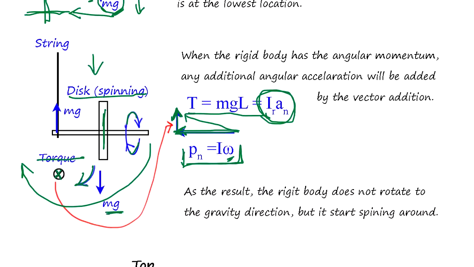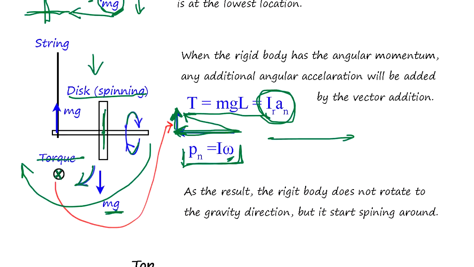Okay, so in this case there's no parallel movement, it's all rotational movement. The original rotation plus added acceleration for rotation. Okay, so when this rotational axis moves, it's called precession.